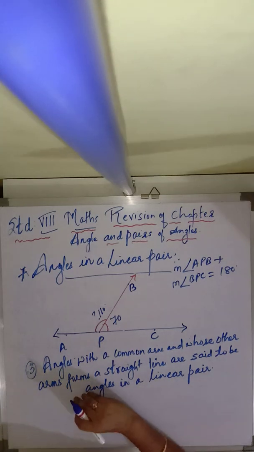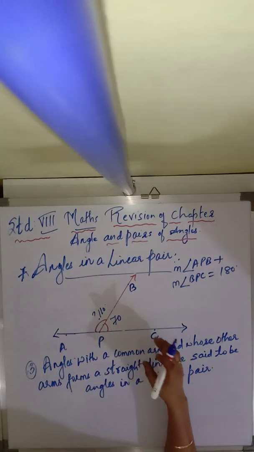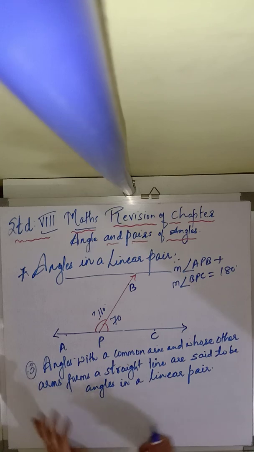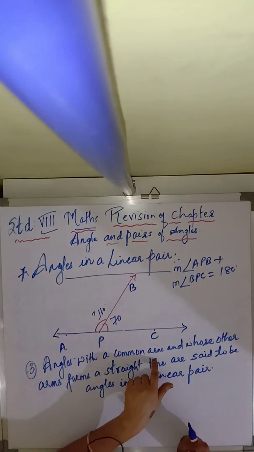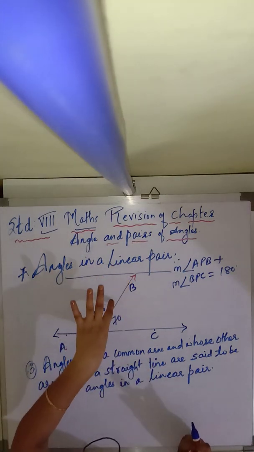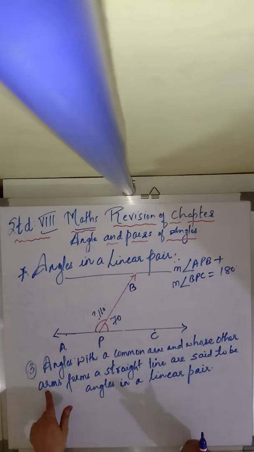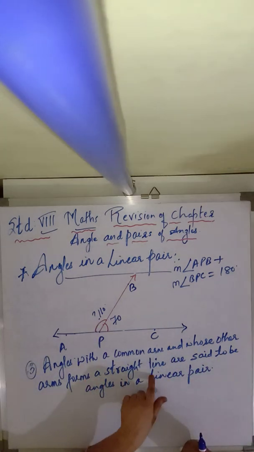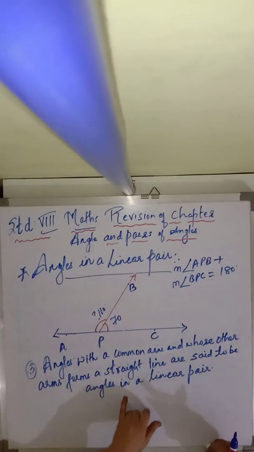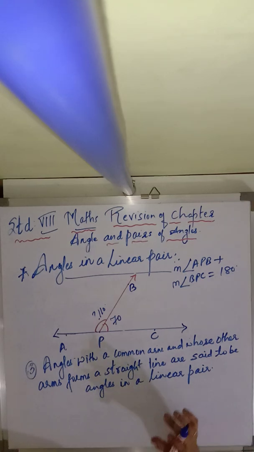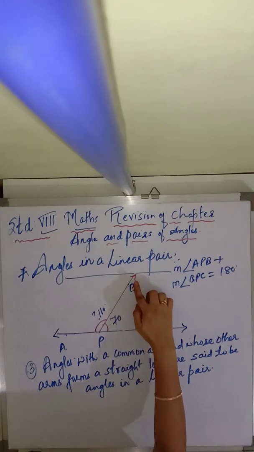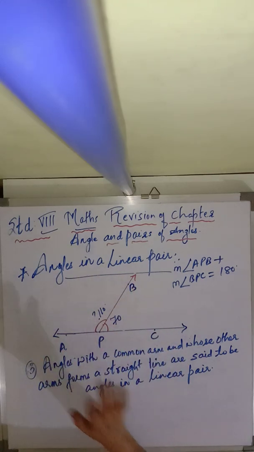And the third point, children, the actual definition of angles in a linear pair is angles with a common arm. See children, angles with one common arm and whose other arms form a straight line are said to be angles in a linear pair. This is the definition. One common arm, and the other arms are forming a straight line.